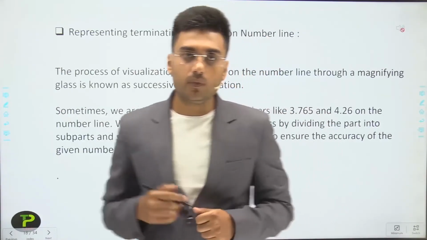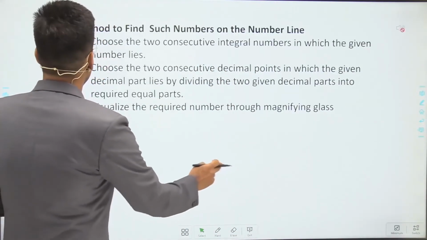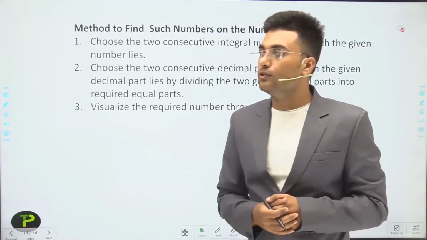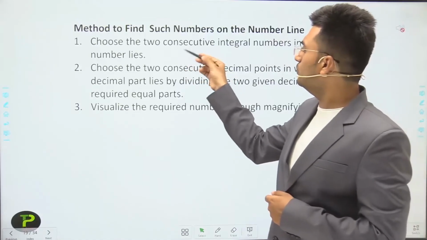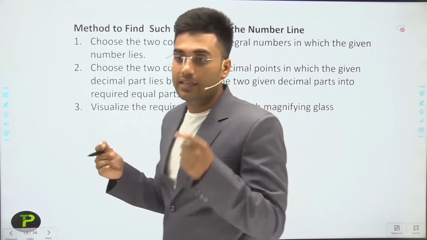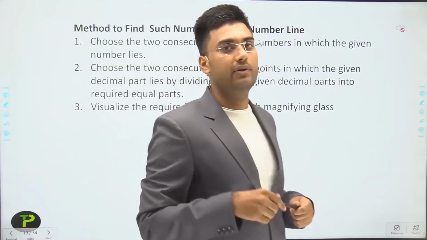Okay, now let's understand with an example. This is the process which I already discussed with you. First of all, we choose two consecutive integers in which the given number lies. For example, 1.2 lies between 1 and 2.